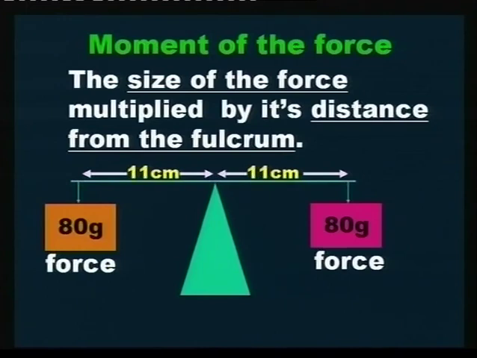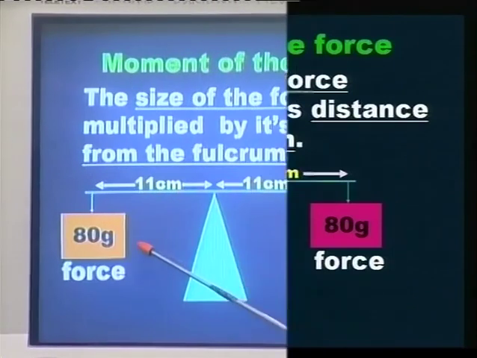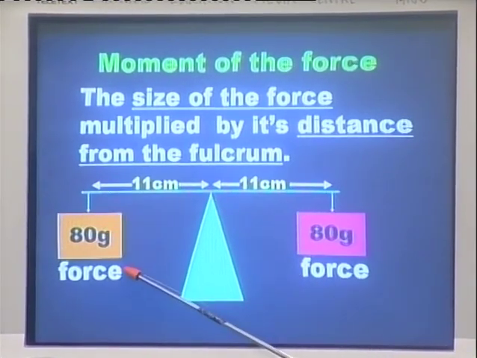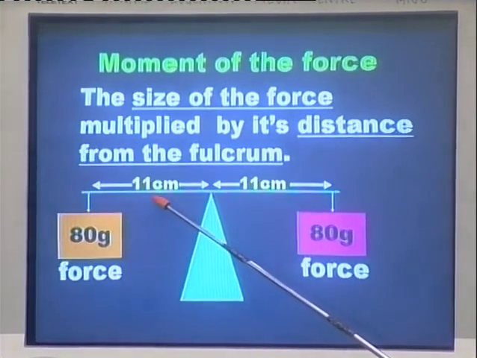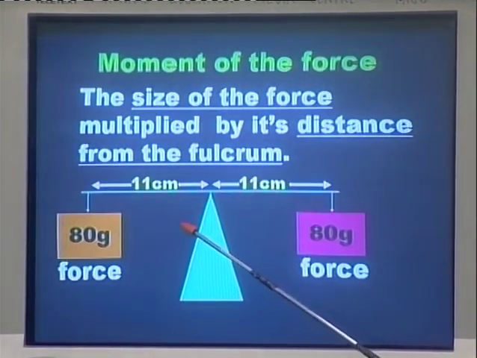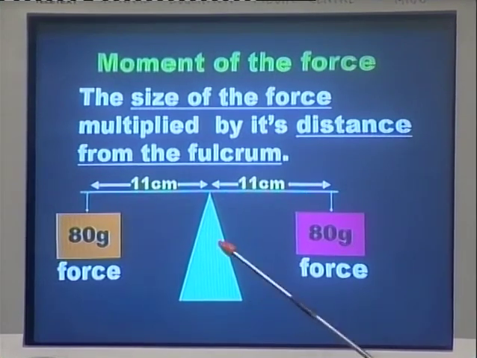We have the size of the force, which is 80 grams, multiplied by its distance from the fulcrum, which is 11 centimeters. That gives us the moment of the force.